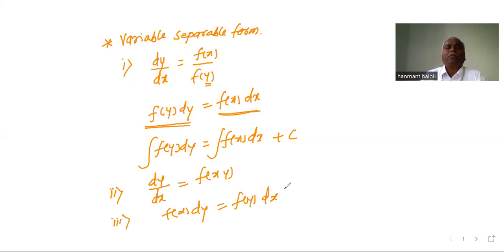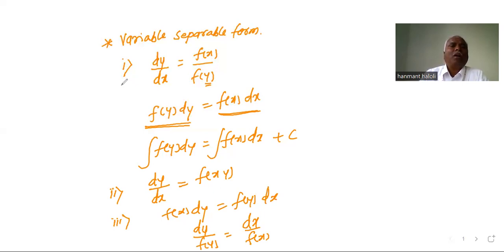Here x and y are mixed, so separate them in the proper way. Then by separation, dy by f of y is equal to dx upon f of x, means separating y terms together and x terms together. This equation we call the variable separable form.